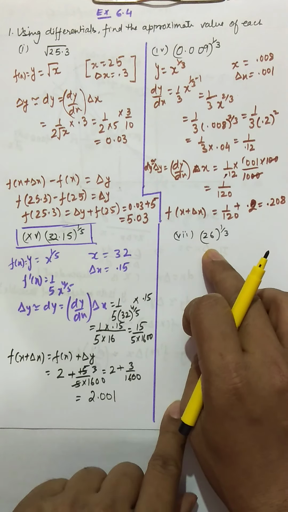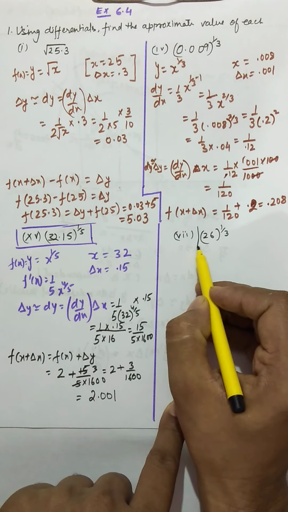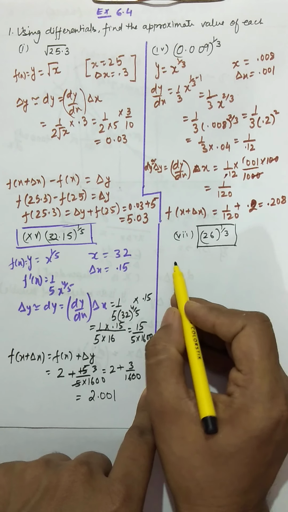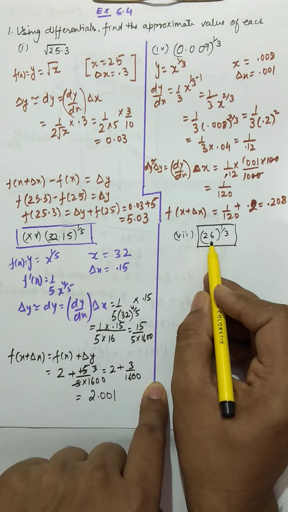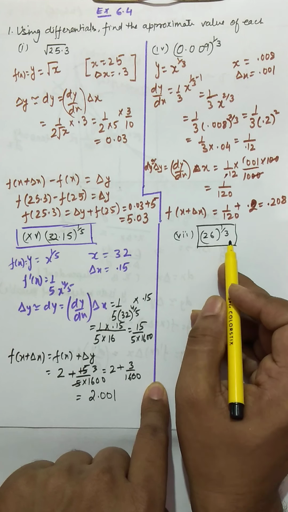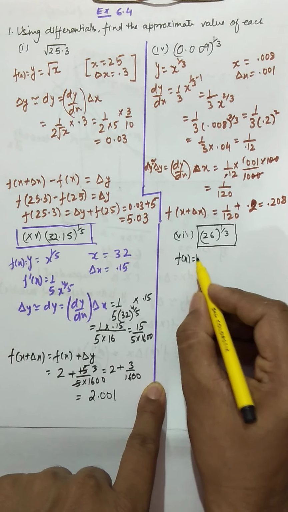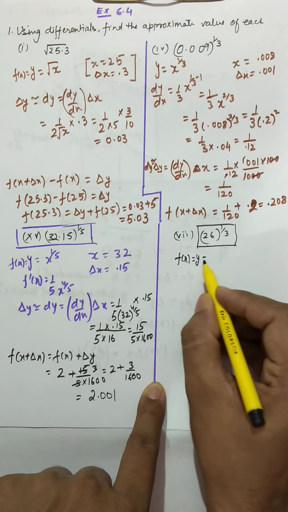Now next question. This question is different from the rest because here delta x is going to be negative. So you know that 27 to the power 1 by 3 is 3. So f(x) you may assume as x to the power 1 by 3, and you take x as 27, and delta x you have to take as minus 1.